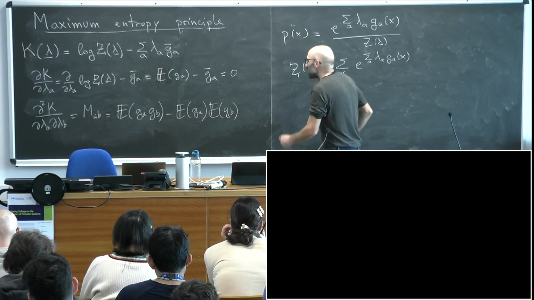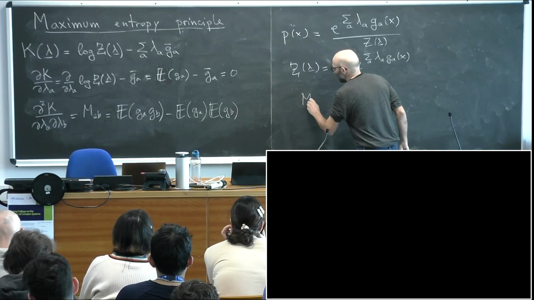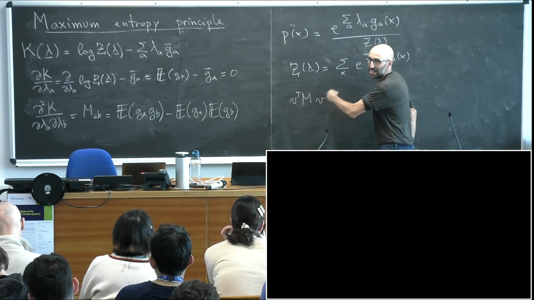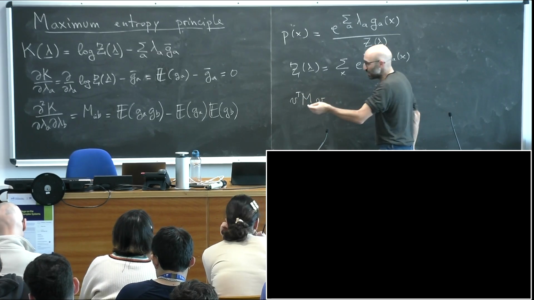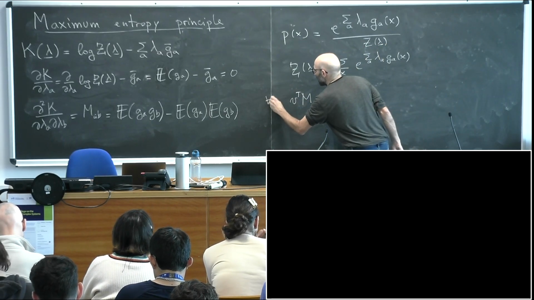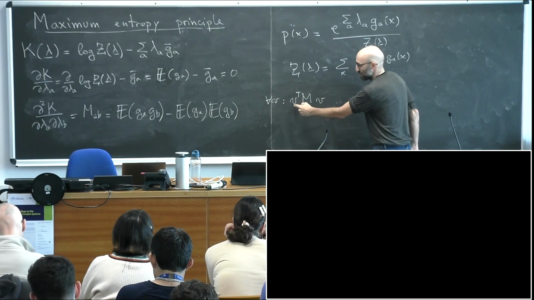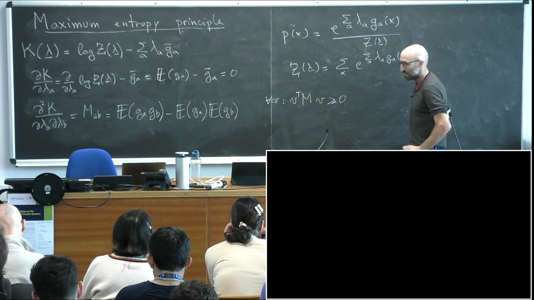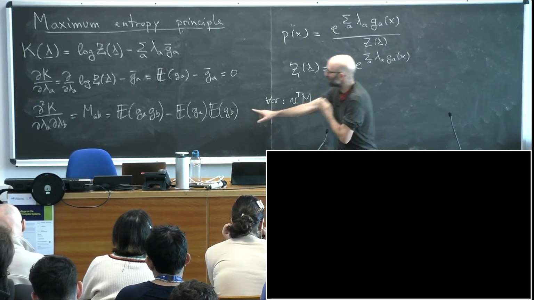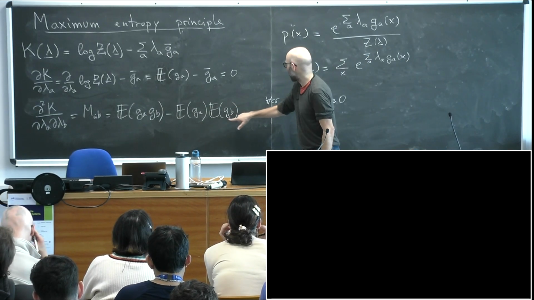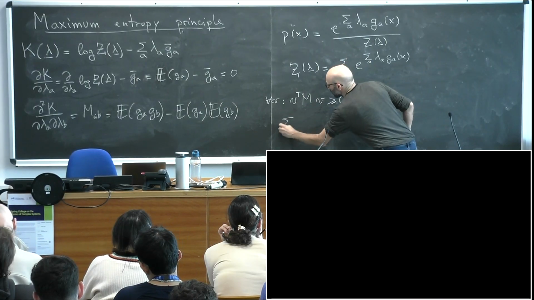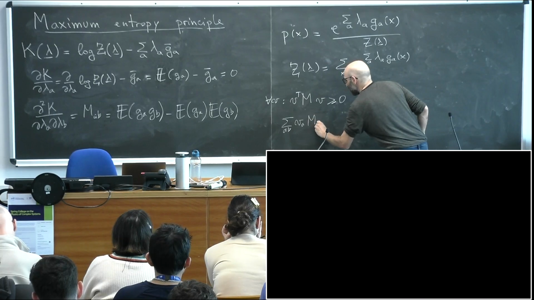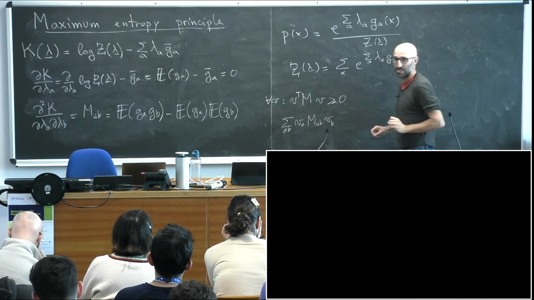Now, why is this positive definite? The definition of a matrix being positive definite is that for any vector v, you choose a vector v as you want, you must have that v times M times v should be positive. So if M is a matrix of covariances, then this means you have to do a sum over a, b of v_a M_ab v_b.